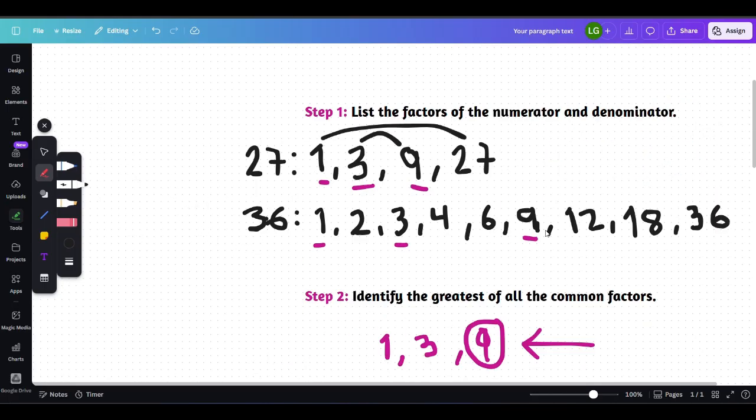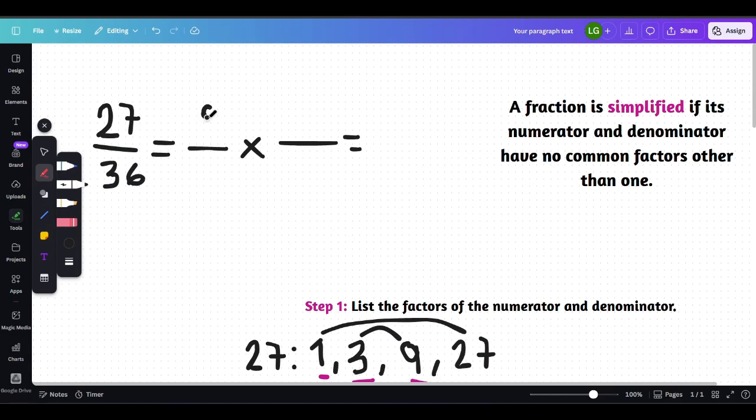And my greatest common factor, which is 9, I've got to write it here. 9 over 9. Okay. And now I've got to ask myself, what number, if I multiply by 9, gives me 27? Well, that number is 3. And for 36, that number is 4, right?